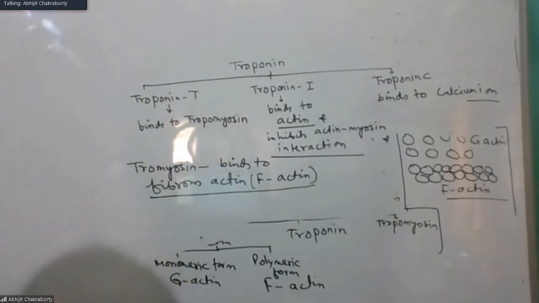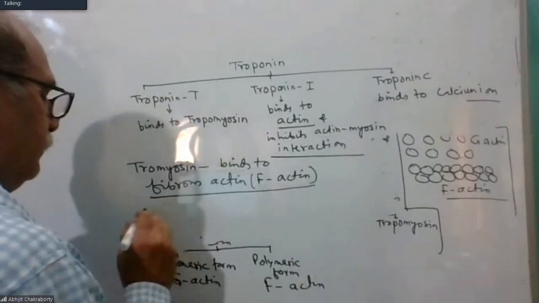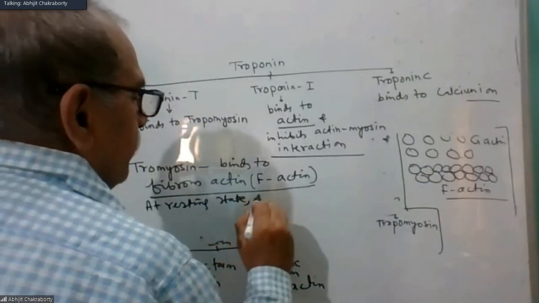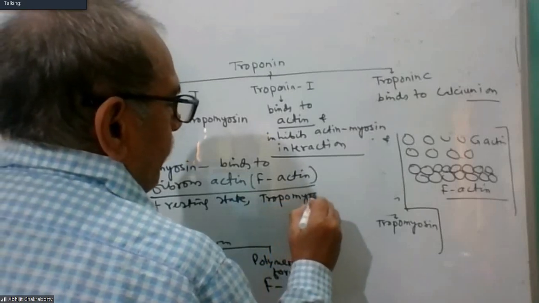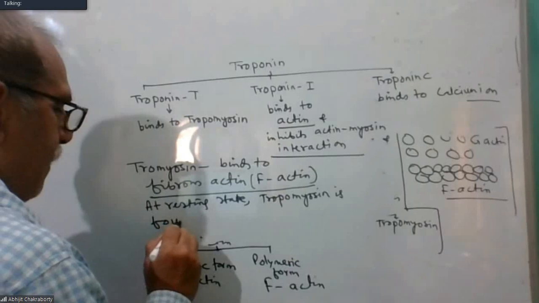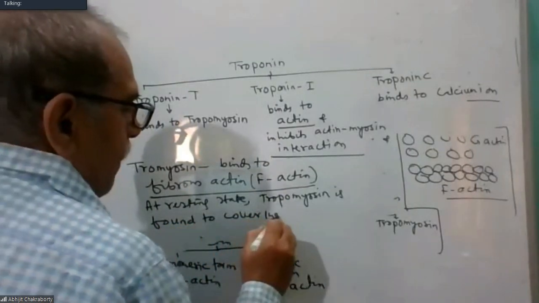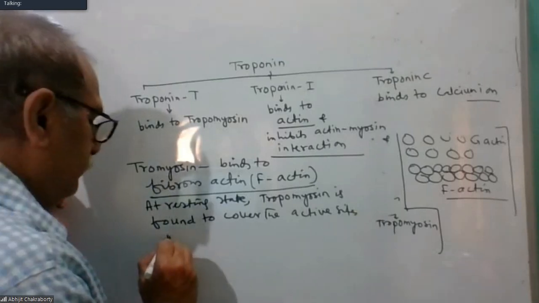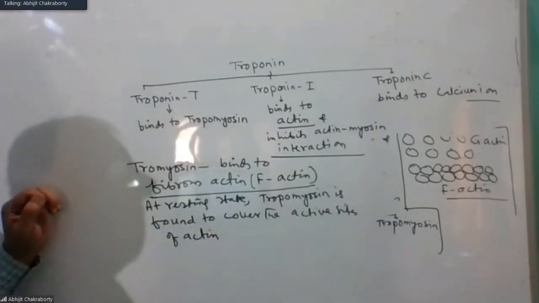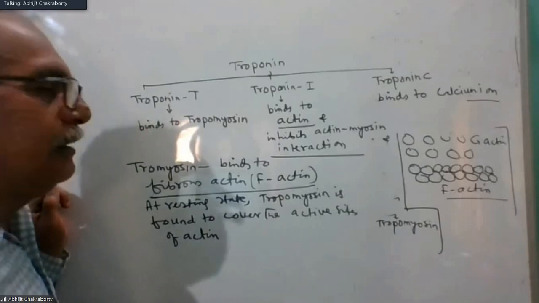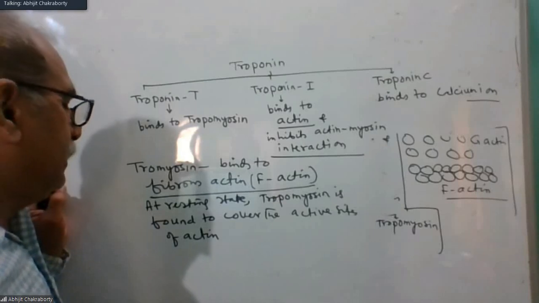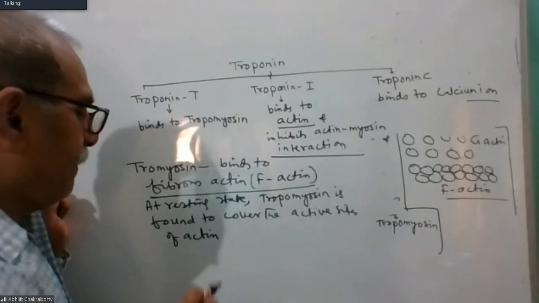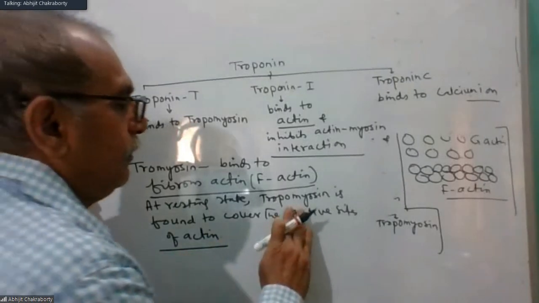At resting state, I am writing here: at resting state, tropomyosin is found to cover the active sites of actin, or myosin binding sites.